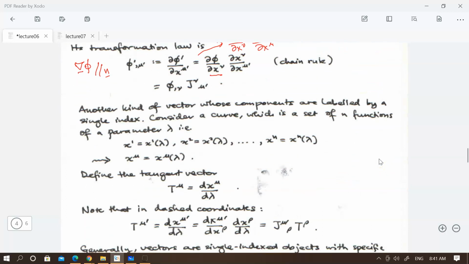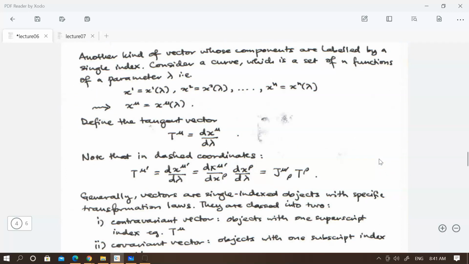Now, another kind of vector is the contravariant vector. Here again, I'm going to use a particular case where you have a curve, just like the circle above. A curve is essentially one-dimensional, because if I know how to parameterize correctly, I can write this in terms of a single variable.